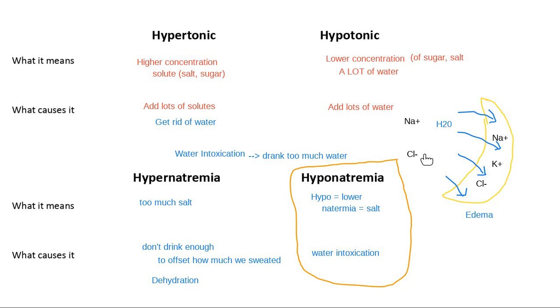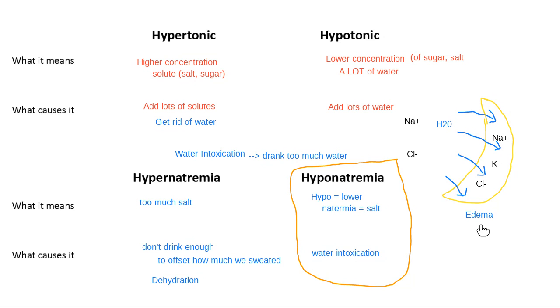So if I dilute, I put too much water on the outside, that water is going to rush into the cells. And remember from our water intoxication article, that's bad news when we talk about cells like neurons, your brain cells. There is nowhere for those cells to, in the words of our chat, get big and juicy. If you're a neuron, there's no space for you to have edema.